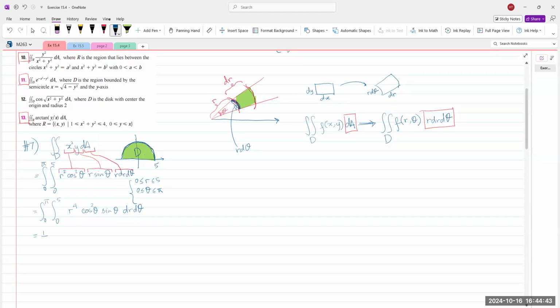Then you will get the integral from 0 to pi of cosine squared theta sine theta times r to the 5th over 5, from 0 to 5, d theta. That gives us r to the 5th, but this is 5. So there will be 5 to the 5th over 5 times the integral from 0 to pi of cosine squared theta sine theta d theta.